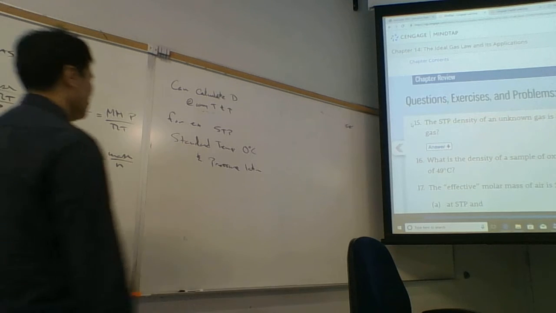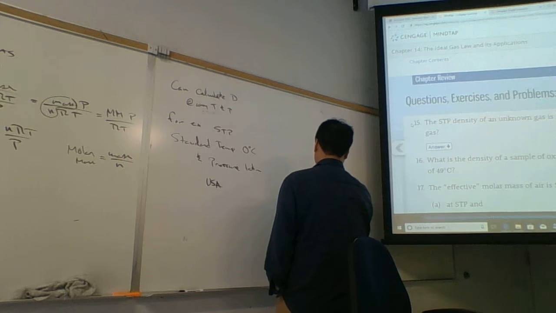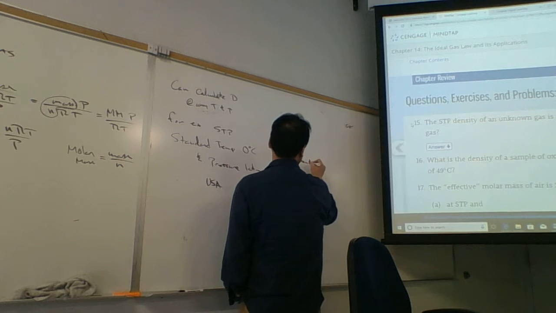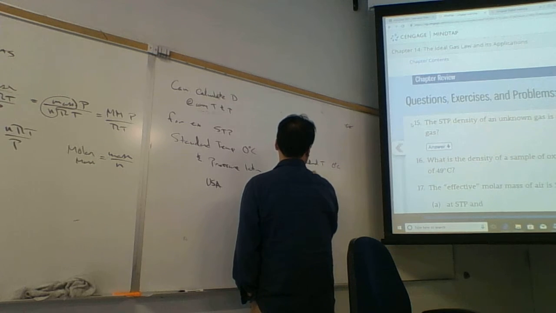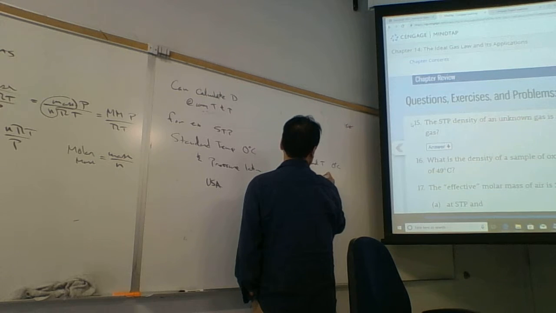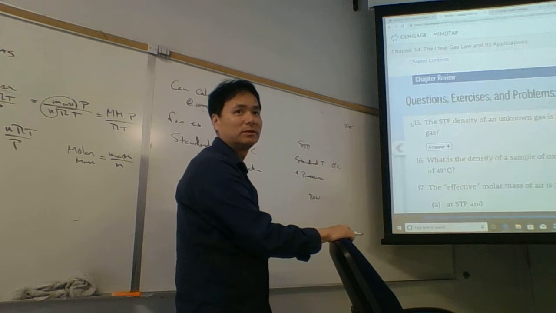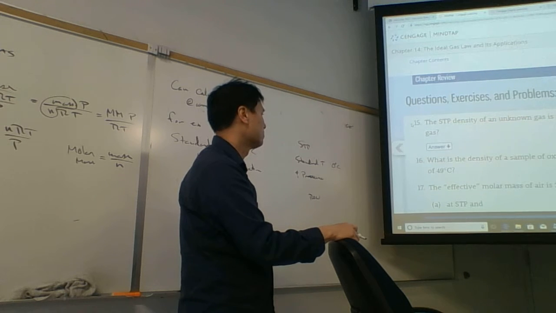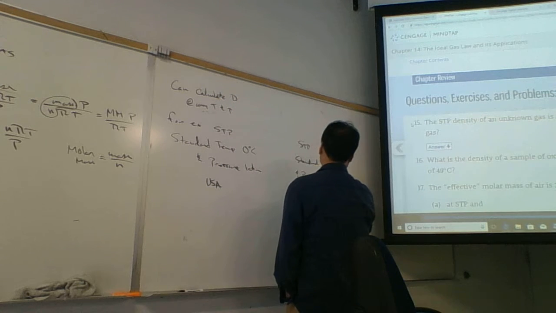This is for the USA. For the rest of the world, it's like this. The standard temperature, STP, standard temperature is 0 degrees C, but standard pressure is different. You know what the standard pressure is for the rest of the world? Bar. 1 bar.